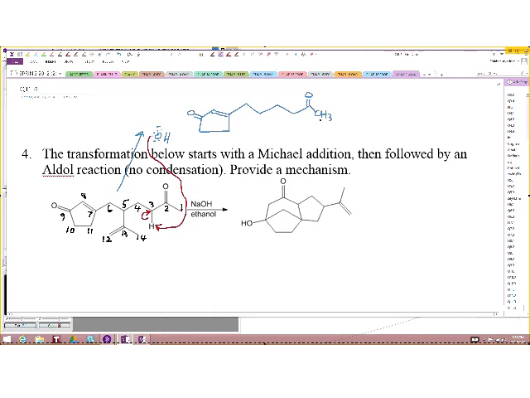Let's go ahead and number this: carbon 1, 2, 3, 4, 5, 6, 7, 8, 9, 10, 11, and on carbon 5 we have the branch, and so that is 12, 13, and 14. Okay, so now we form the enolate right here.